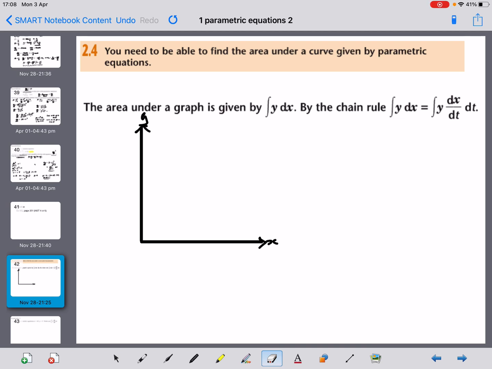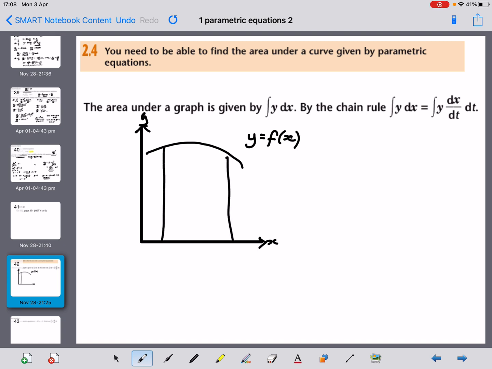In this video, I'm going to show you how to integrate parametric equations so that we can work out areas bound by parametric equations and the axes. Just as a quick recap, we could find an area if we knew y equals f of x, like a Cartesian equation.